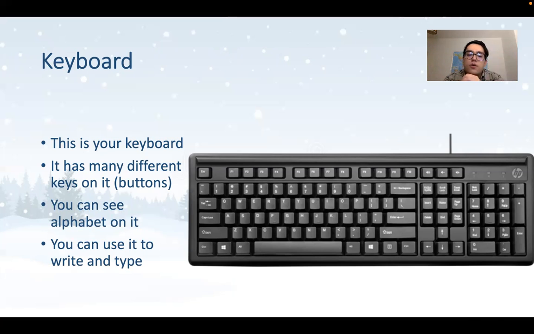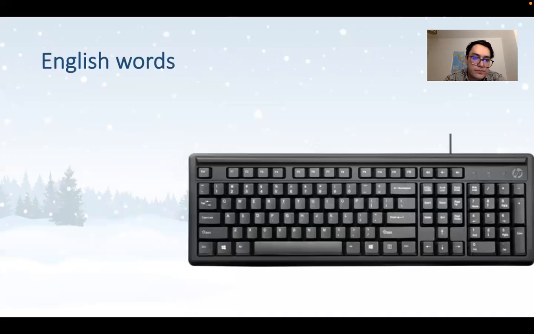Or hi, or my name is. So it will help you to write down what's on your mind into your presentation or Word file or email or any other program that you're using.